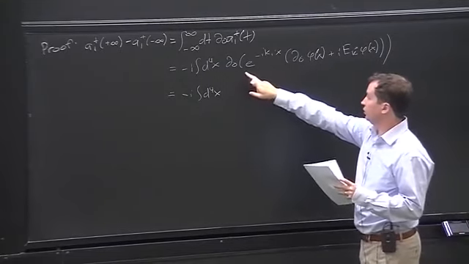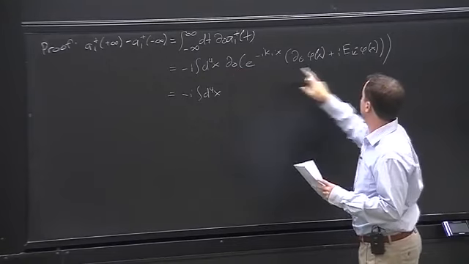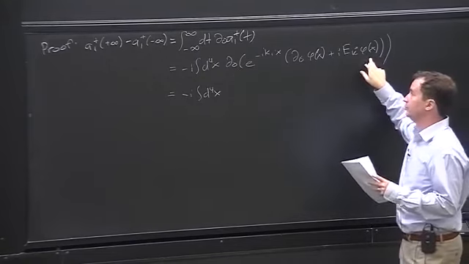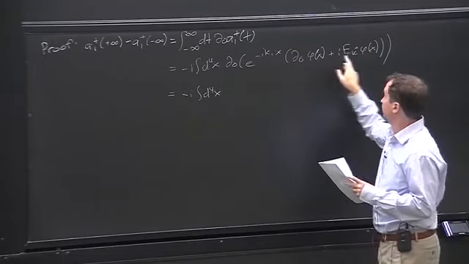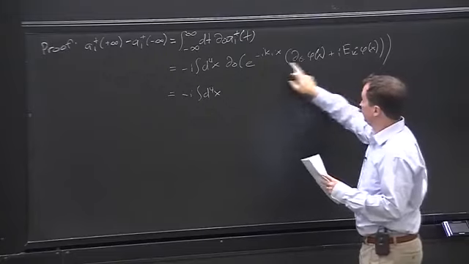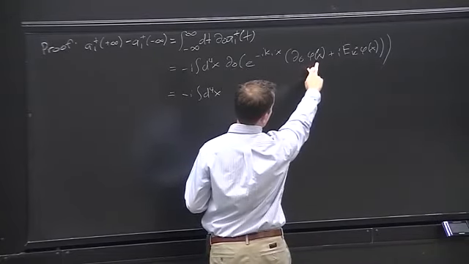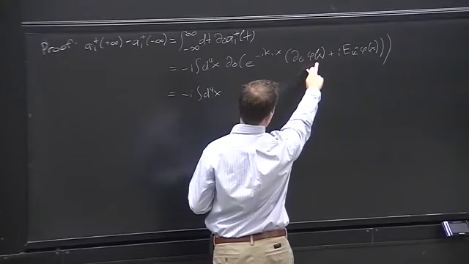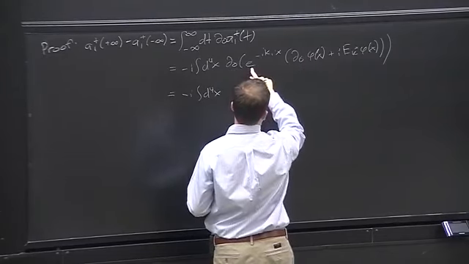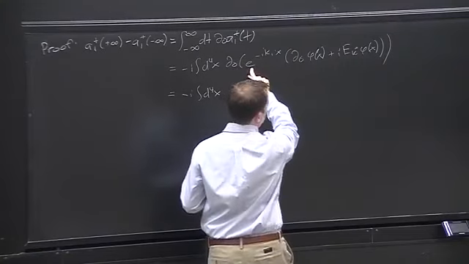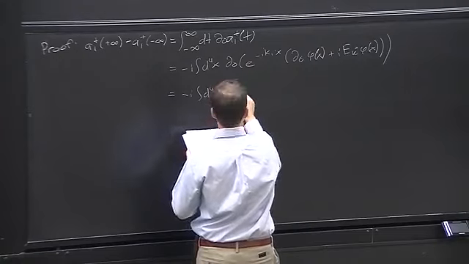That will cancel against the term where the derivative acts on this field, because we got a minus i here and a plus i here. So the only terms that survive are where this derivative acts either on the first term, this phi, or on the e to the minus i kx, and it's multiplied by that. The other 2 terms cancel.